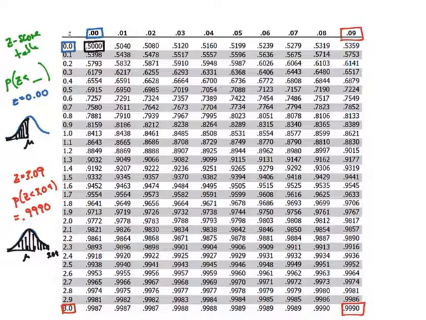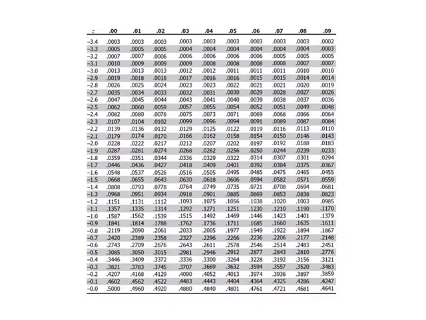All right, so we have all these probabilities. We're going to use these. Also note that we have negative z-scores as well, z going from negative 3.4 to 0. So let's pull out one of these. Let's do negative 2.43.